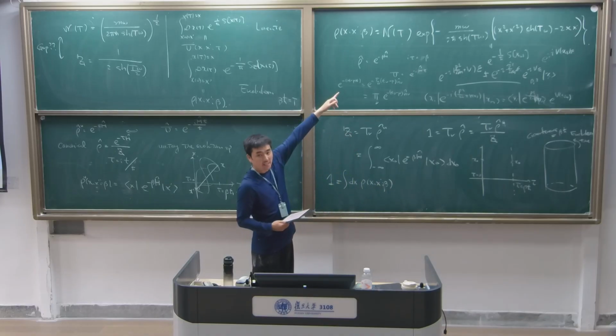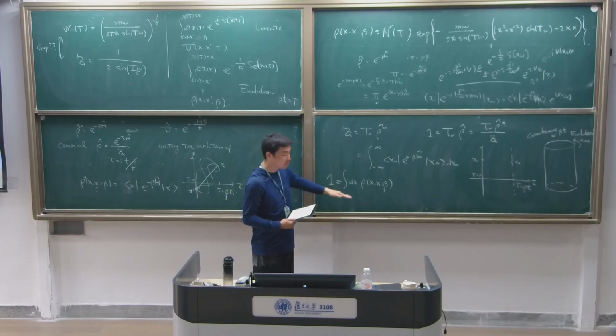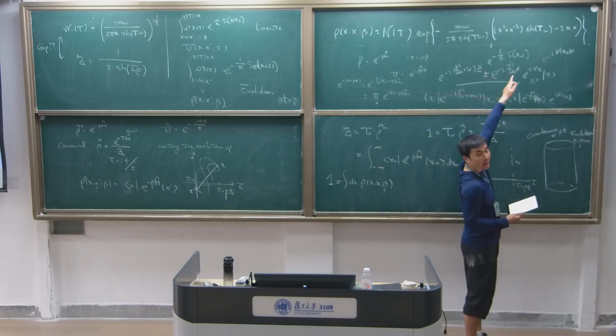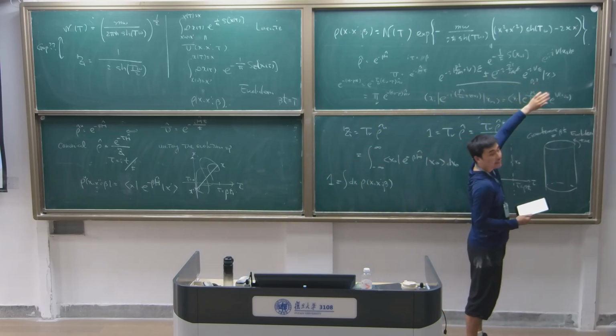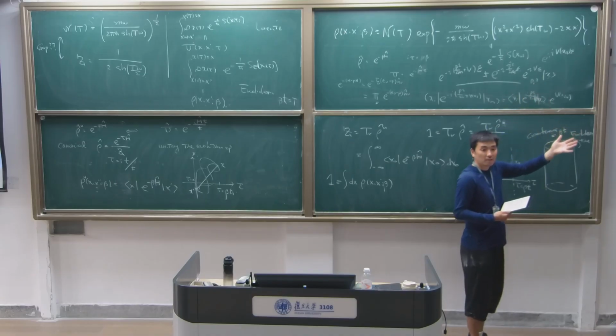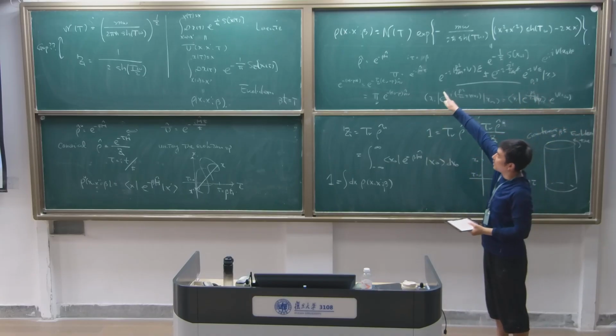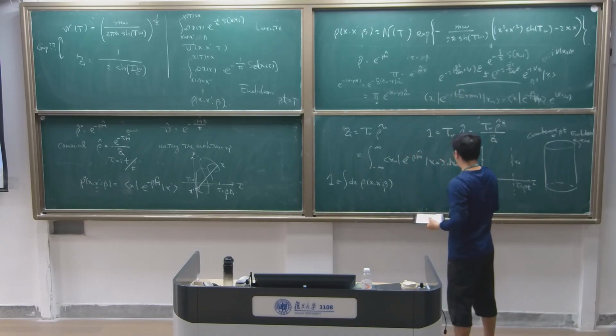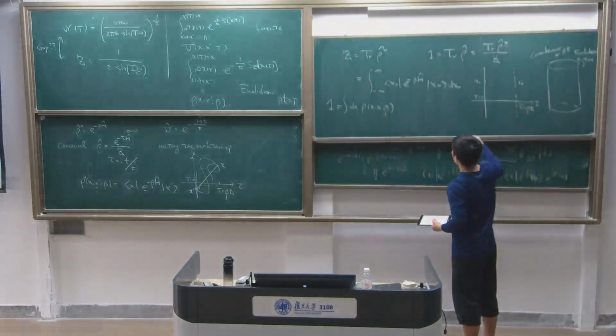And this n of t is chosen in such a way that this condition is satisfied. So if you just identify x and x prime, and do the Gaussian integral, you will get exactly n of t.